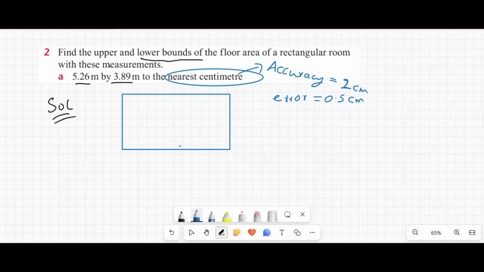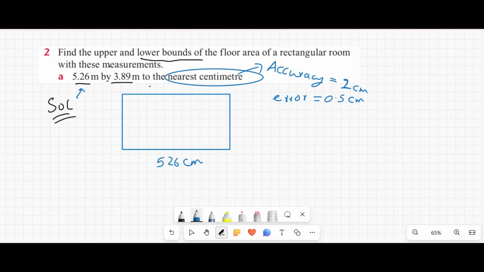So this was just information, because the accuracy was in centimeters, so the error is in centimeters. We have to convert 5.26 into centimeters. While converting 5.26 meters into centimeters, we get 526 centimeters, as you should know, 1 meter is equal to 100 centimeters.